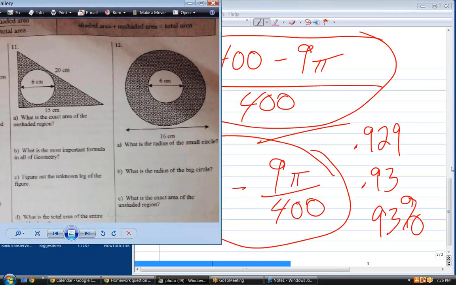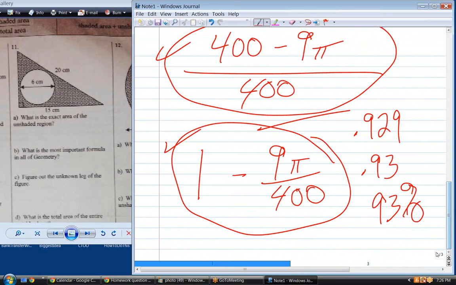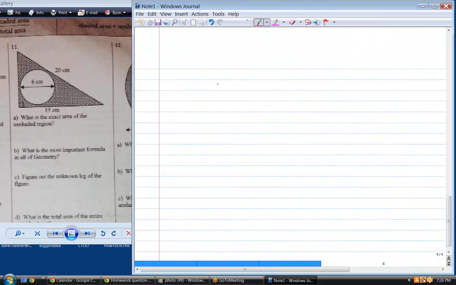Yeah, this was a strange one too, wasn't it? So what was the shaded area? That was, let's see. Oh, okay, so it was 75 root 7 divided by 2 minus 9 pi.